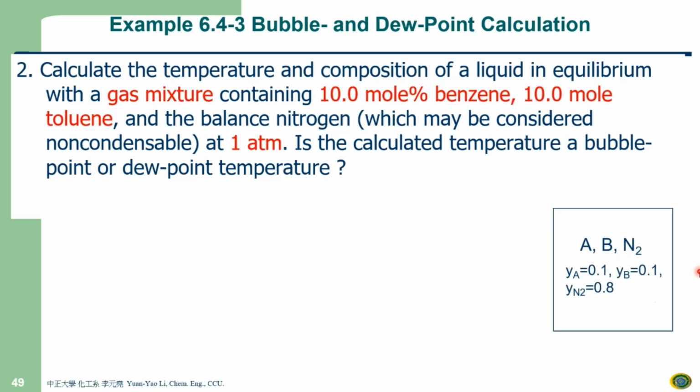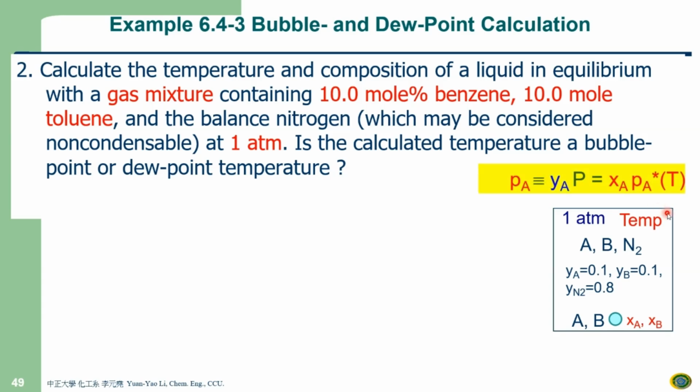In the gas phase, you have 10% A, 10% B, and the rest are 80% nitrogen, right? At 1 atm, if you decrease the temperature, you will get one droplet. And in order to find the composition of the droplet, you need to use trial and error because you want to calculate the temperature, right?